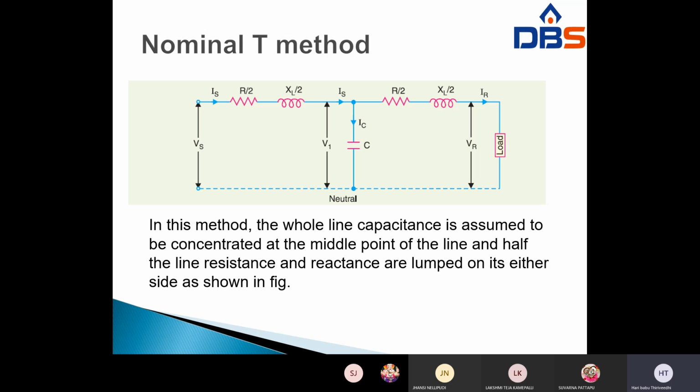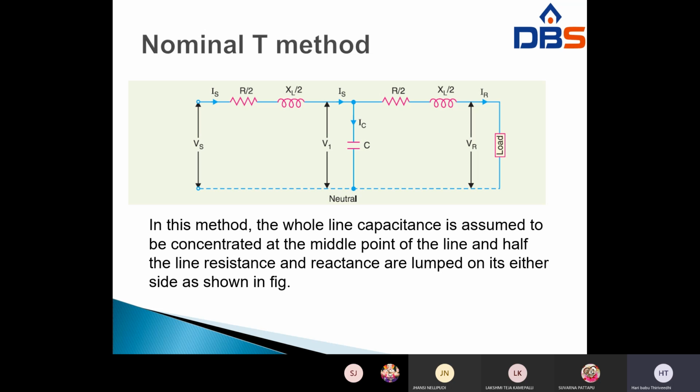Let us consider IR, the receiving end load current per phase. R is the resistance per phase, XL the inductive reactance per phase, C the capacitance per phase, cos φR the receiving end power factor, and Vs the sending end voltage per phase.